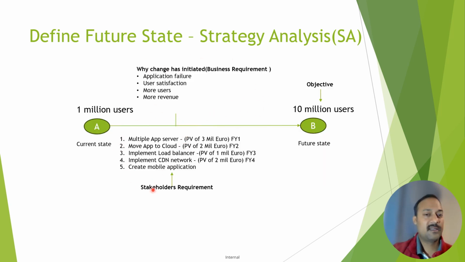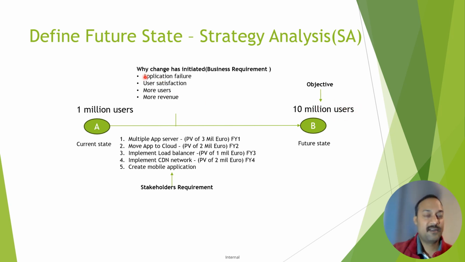So assume again that the application is Walmart and that application is crashing when the user base is reaching above 1 million, which is why the change has been initiated. And with that, the business objective of the organization is to reach 10 million users.